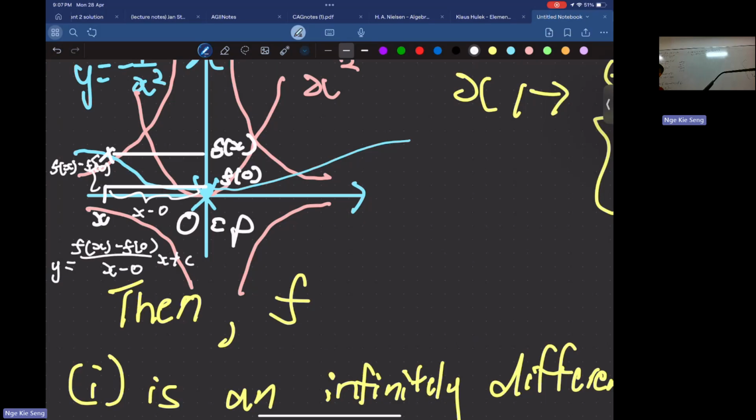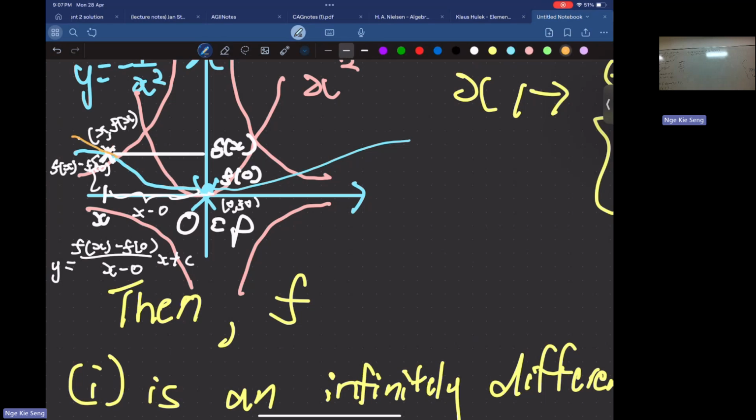If you want to find a linear graph, what do you need to do? Find 2 points. The 2 points here are (x, f(x)) and the other one is exactly (0, f(0)). So you're looking at the slope of this line.